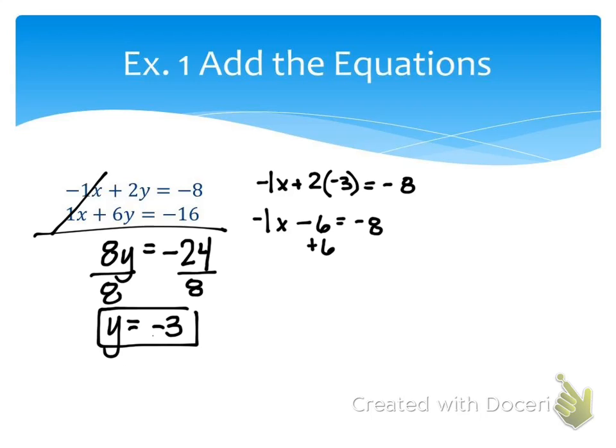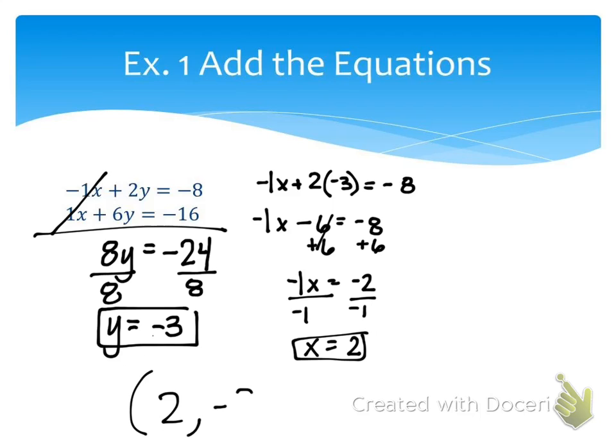Add 6 to both sides, because all I'm doing now is just solving for x. Negative 1x equals negative 2. Divide by negative 1 on both sides, and I get x is equal to positive 2. So now I have my final answer. I'm going to write it as an ordered pair, and that would be my answer.